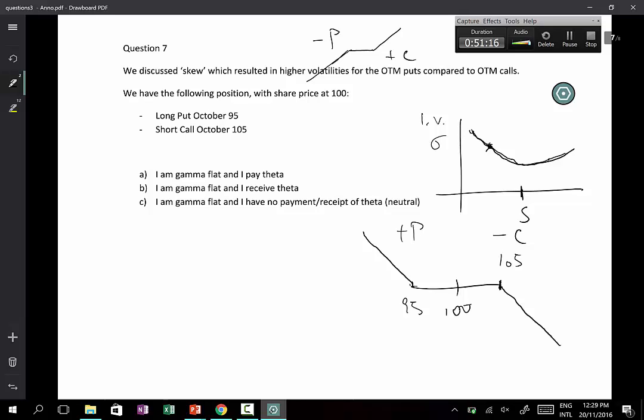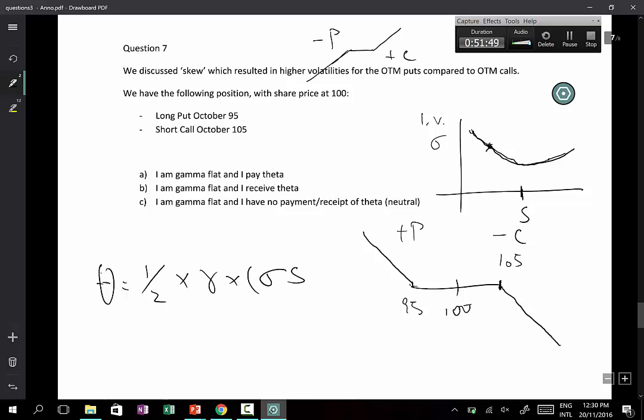Now, if you're gamma flat and paying theta, that just means from one day to the next, if the market remains exactly the same, you will actually lose money, or the value of your position will drop. Okay. The only thing you need to think about is that theta, which is the ex ante estimation of market movement, is equal to a half gamma sigma S all squared.